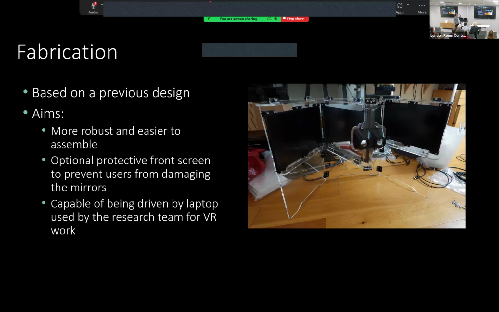This is a new iteration of that design, but made more robust and easier to assemble, with an optional protective front screen, which we call the anti-finger-pokery. It stops people poking their fingers on the fragile front surface mirrors, which have silvering on the front of the glass for a much clearer image. We can potentially give this to the Oxford team to assemble themselves.